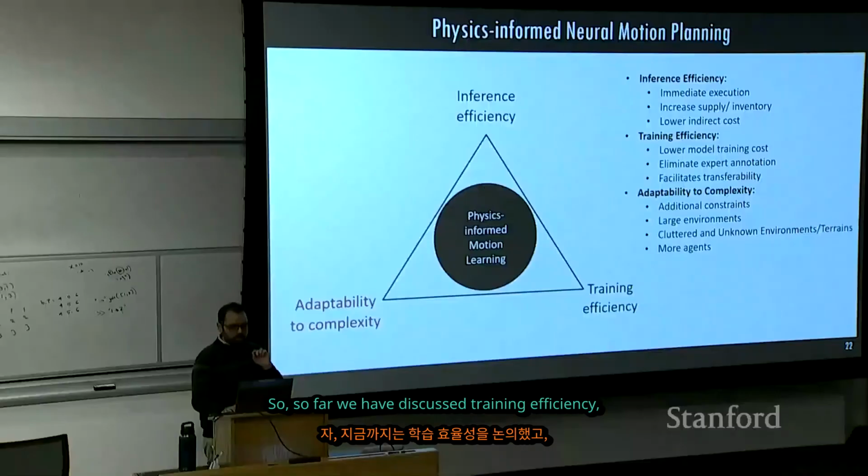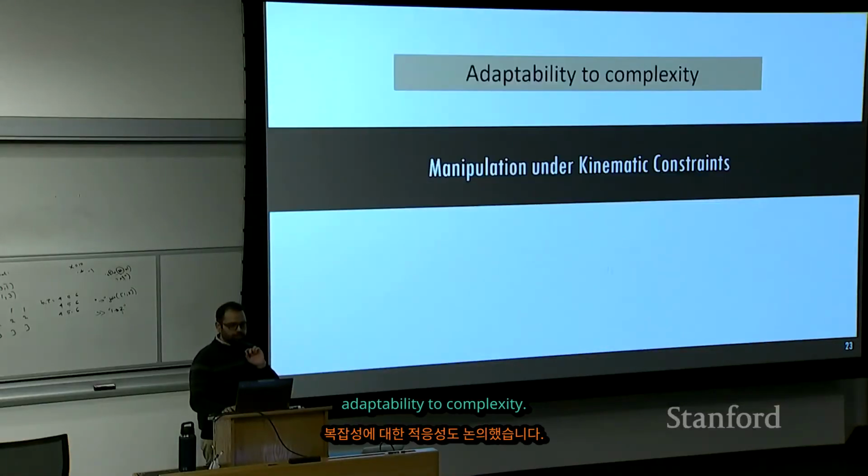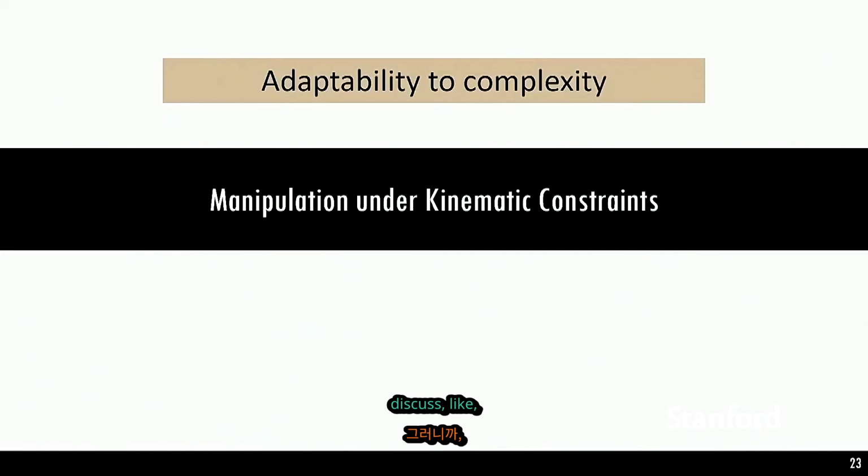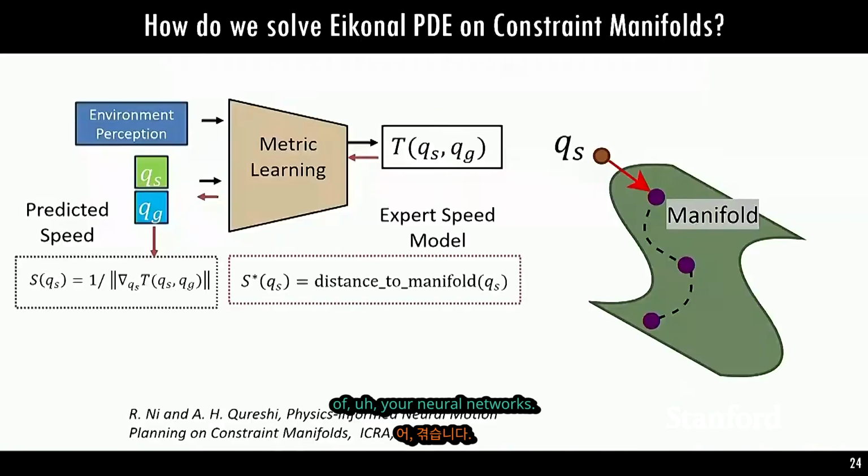So far we have discussed training efficiency and adaptability to complexity. I have shown you that it scales to very high dimensions, but I want to discuss how it can scale to manipulation or very large environments. Neural networks have this problem: if you have a very large environment, it struggles. It suffers from the spectral bias issue of neural networks.